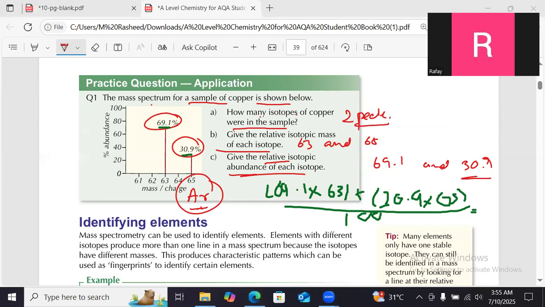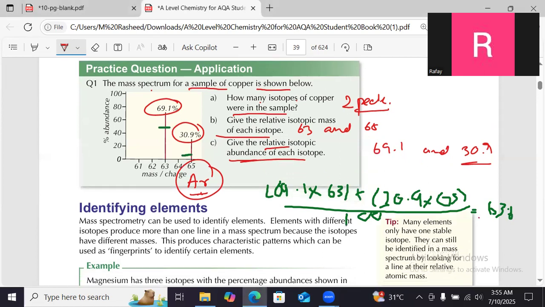So that's 63.618. Correct. Very good. That's right.